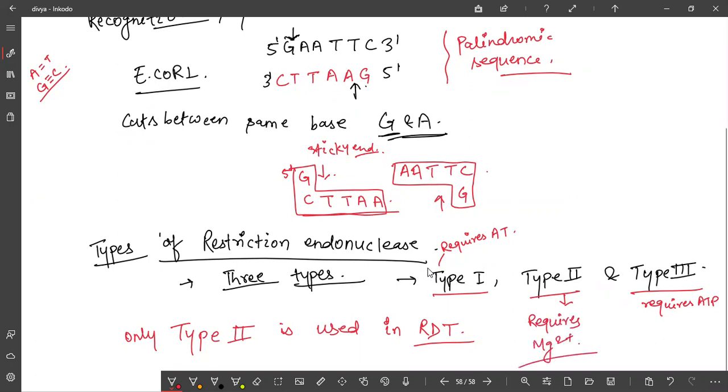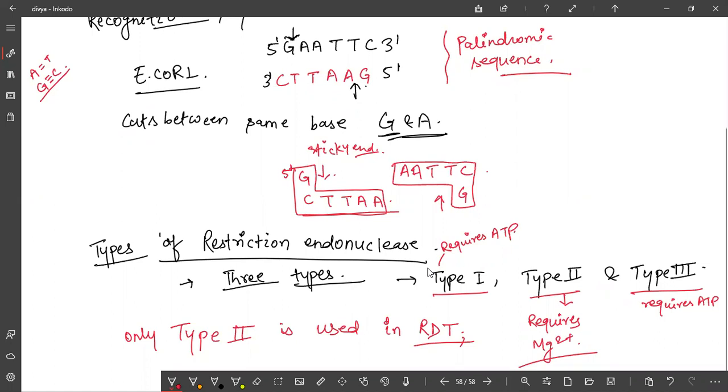Suppose you want to use type 1 and type 3, then a lot of energy will be required. Suppose you have options for purchasing something: one where you have to pay money, and another that is free of cost. Which will you prefer? The free one.